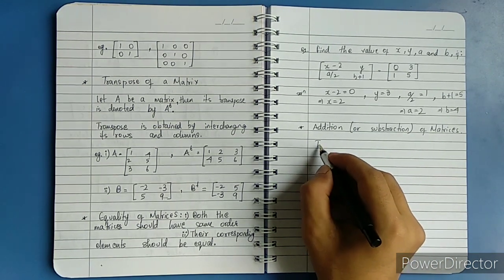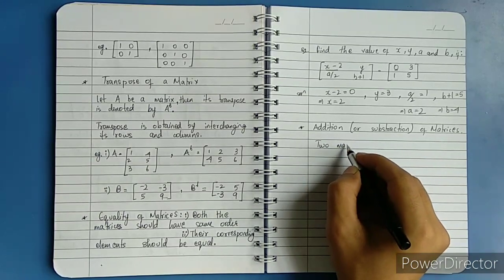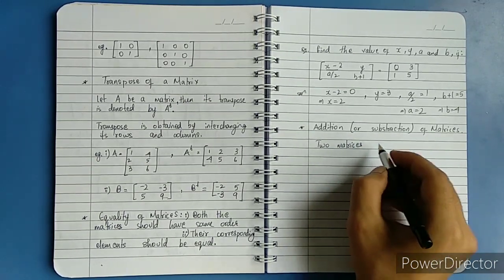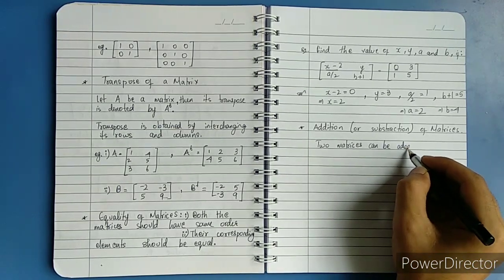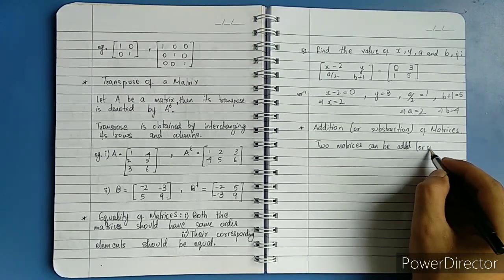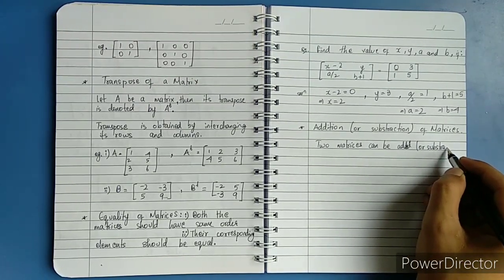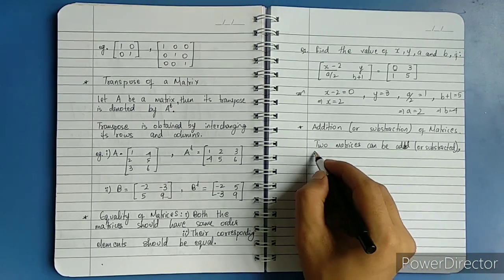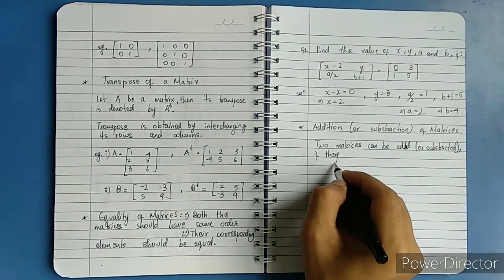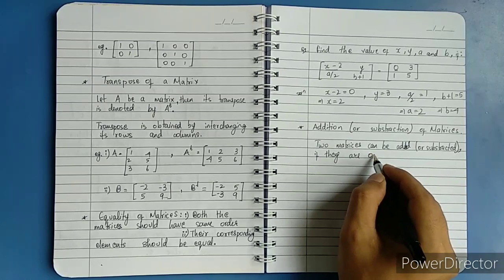Two matrices can be added or subtracted if they are of the same order.